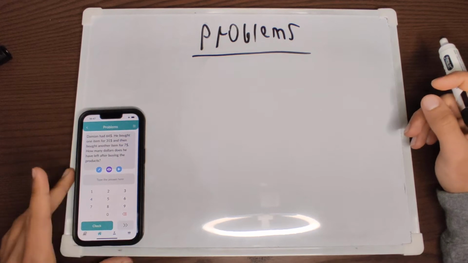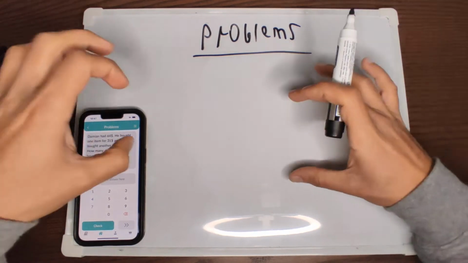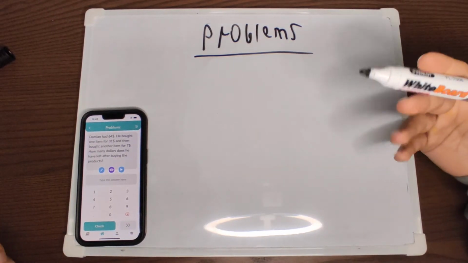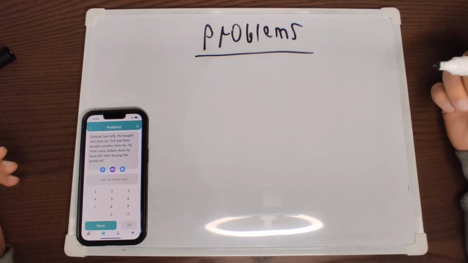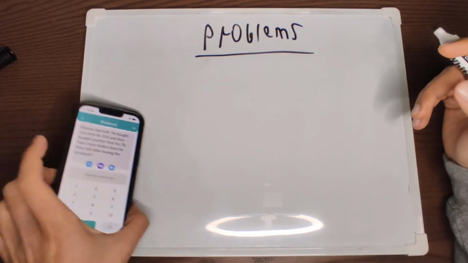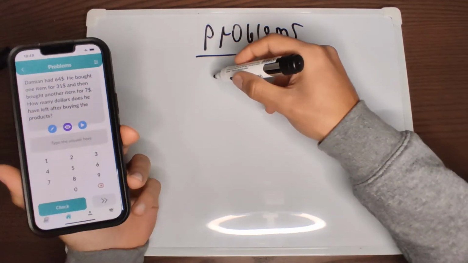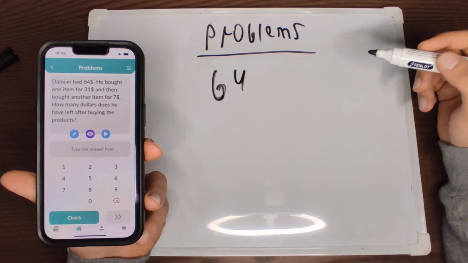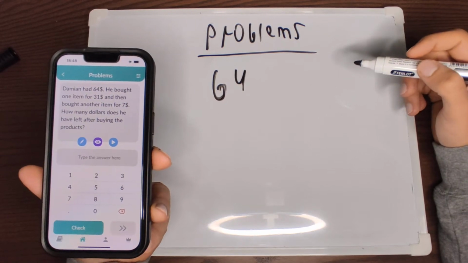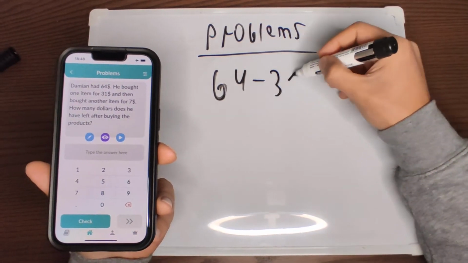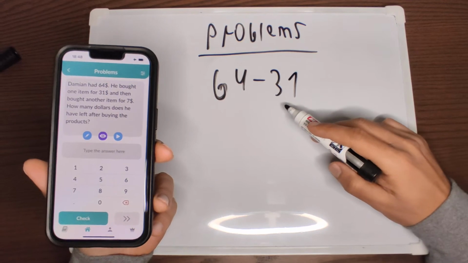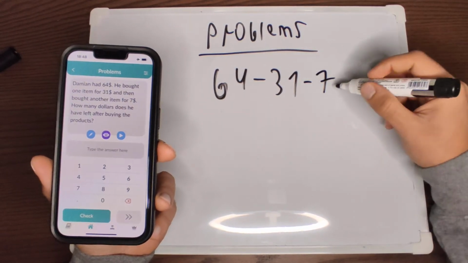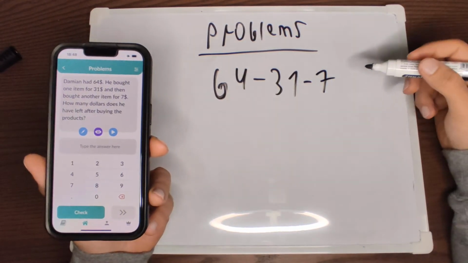So this is a math problem which could have been written as an exercise. If it was an exercise, it would be easy. But now it's a problem, so we need to convert it into an exercise. If Damian had $64 and then he bought one item for 31, he lost $31, and then he bought another item for 7, so we need to subtract another $7 from his money.